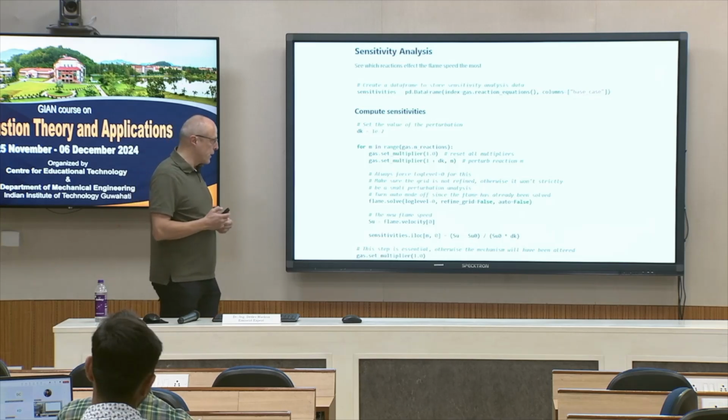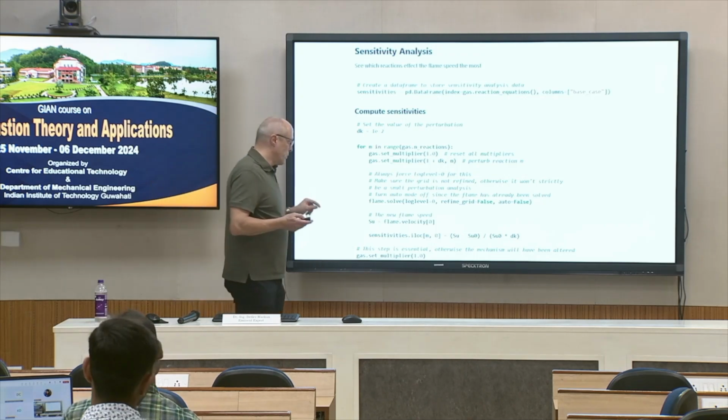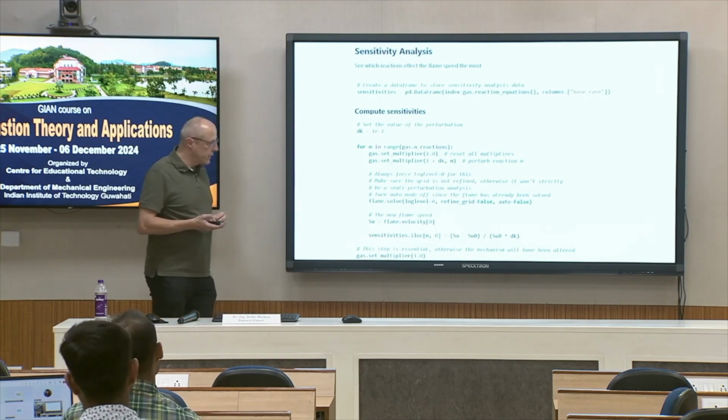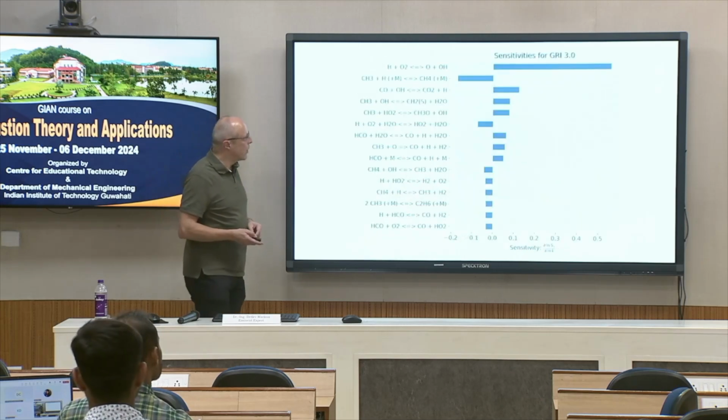So again, we have something like a normalized sensitivity we see here, and we can directly see which reactions are important and which are not.